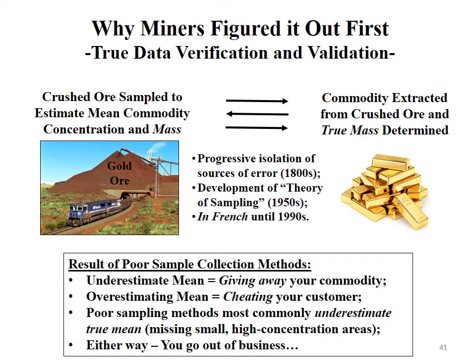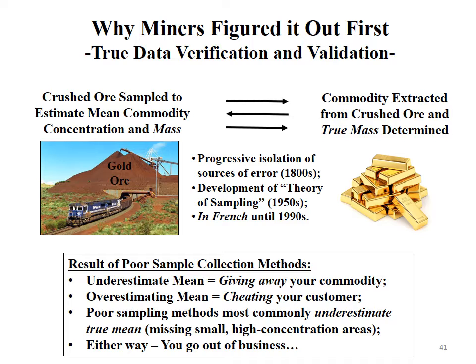And that's where they developed the theory of sampling, first published by Gy in the 1950s. One issue is why this didn't get incorporated into environmental work is it was in French. They were doing most of the international mining until the 1990s, and very few people in US EPA and agencies apparently could read French or knew about this, although a few could, and they bring it up in the documents they wrote. Just urging some caution.